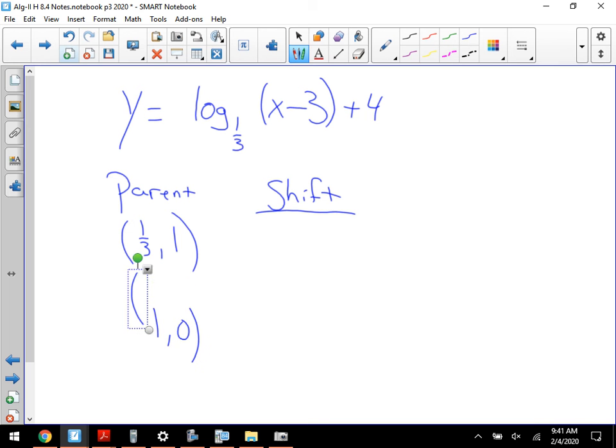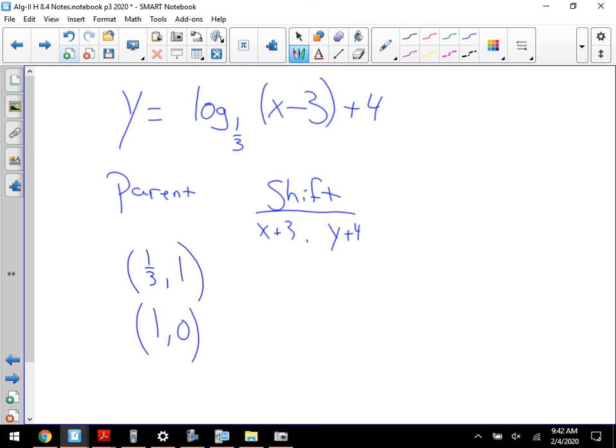So to these ordered pairs, I have to shift them. What's my h value? 3. What's my k? 4. So it's x plus 3, y plus 4. Is it okay to use a mixed number here? Again, I wouldn't go through and do a top-heavy fraction. There's no reason for it, especially since we're just plotting points.